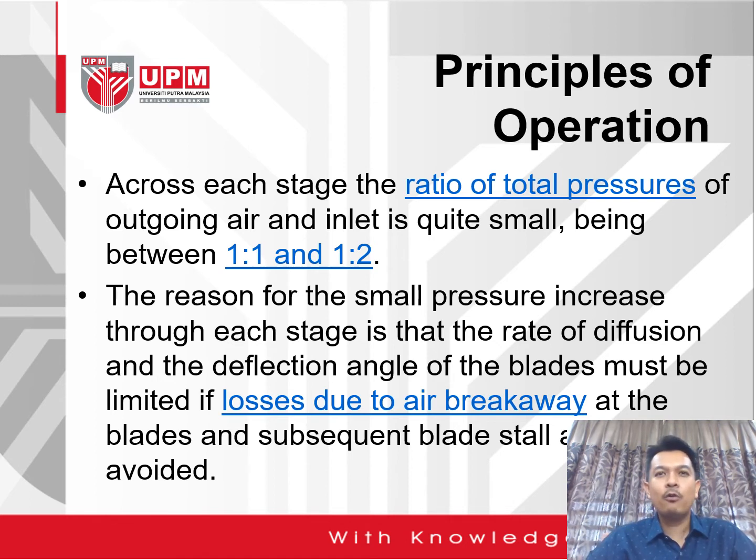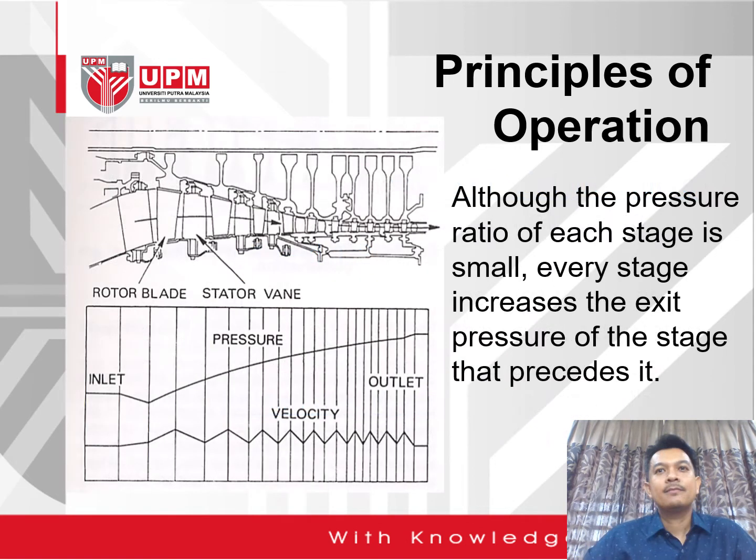Okay? The reason for the small pressure increment through each stage is that the rate of diffusion and the deflection angle of the blades must be limited. If not, losses due to air breakaway at the blades and subsequent blade stall are incurred.